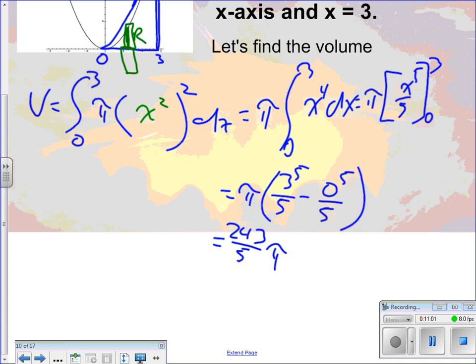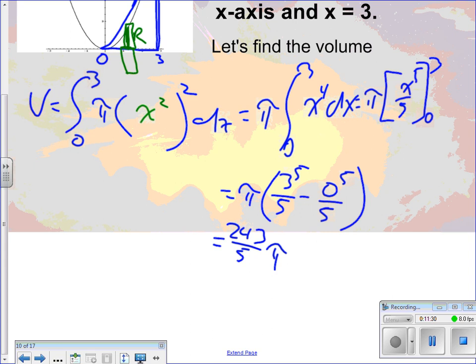On the AP exam, let's talk about what they are looking for. This question would be worth 3 or 4 points, most likely 4. 1 point for the bounds and constant of integration. What do you think I mean by the constant of integration? What's my constant? Pi.